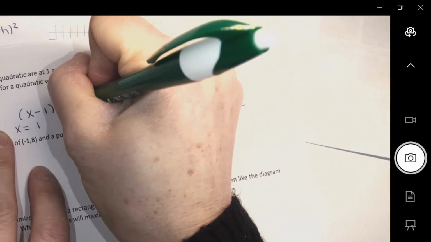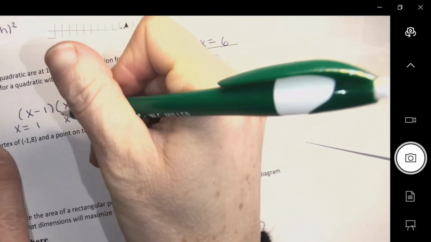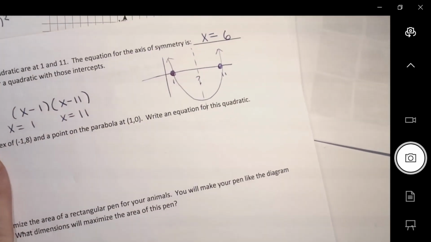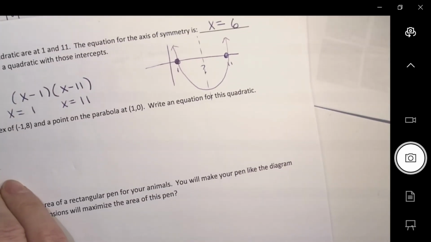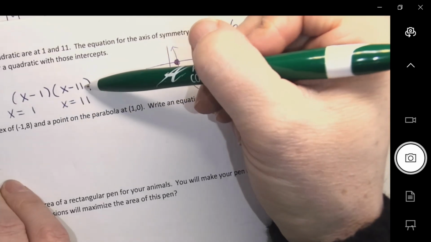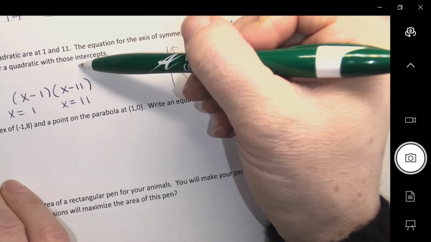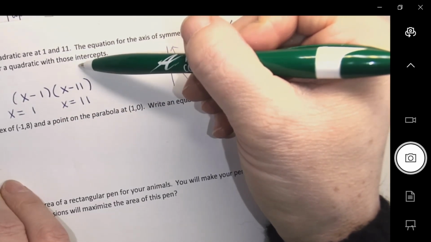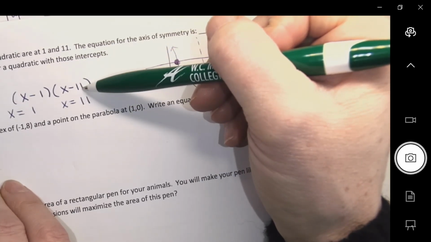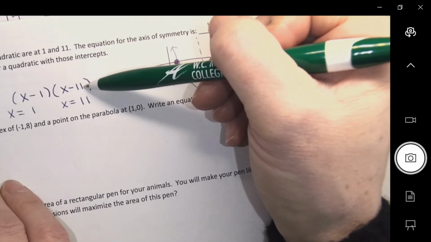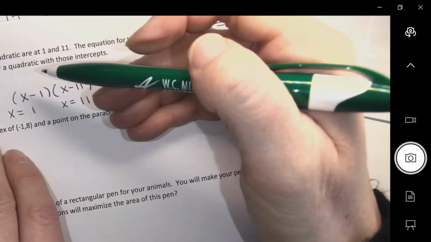The factor x minus 11. And before that, I would have had what? How do you factor? You're always looking for two numbers that do what and what? Multiply and add.